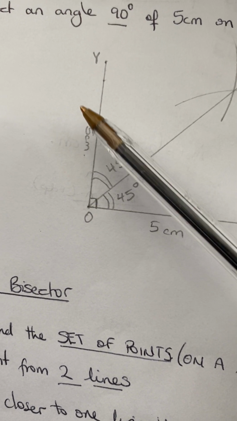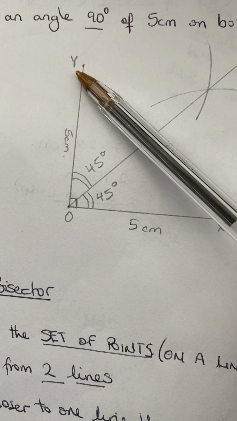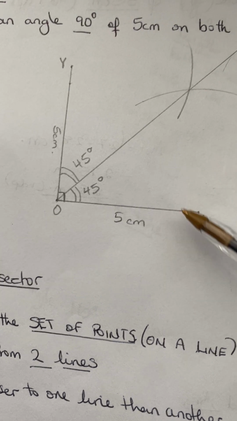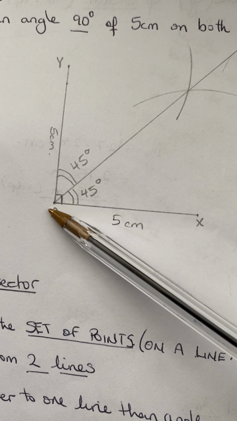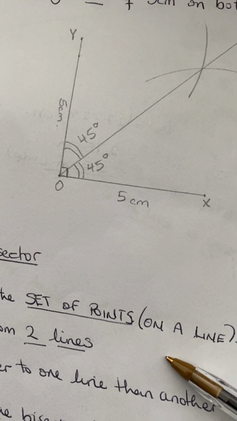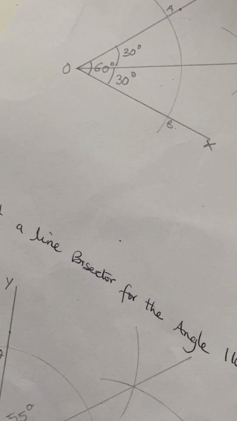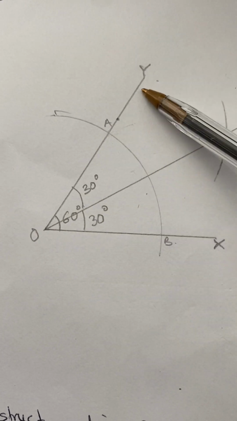So we didn't need to draw the first arc. So we just used Y and X as a reference, drew the arc, connected it to the center, and we got our angle bisector.